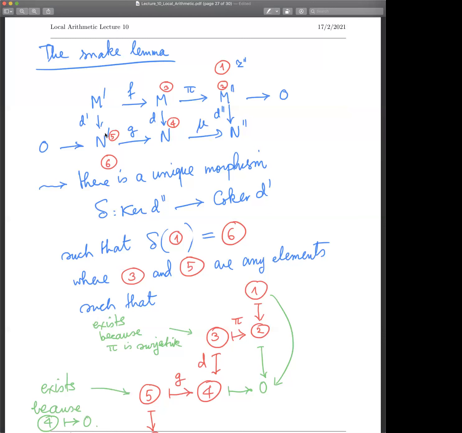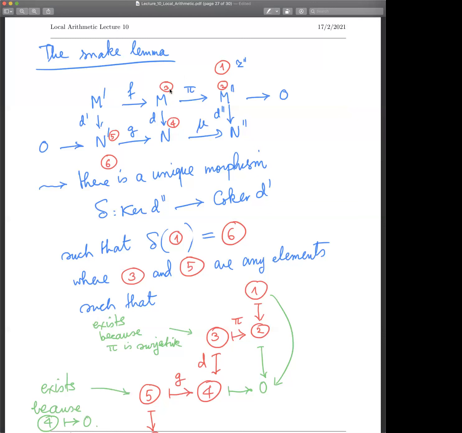Therefore, there's an element 5, a unique element because it's injective. There's a unique element 5 such that G of 5 is equal to 4. So this 5 is uniquely determined by 4, but 4 is uniquely determined by 3, but 3 was not uniquely determined by 2.